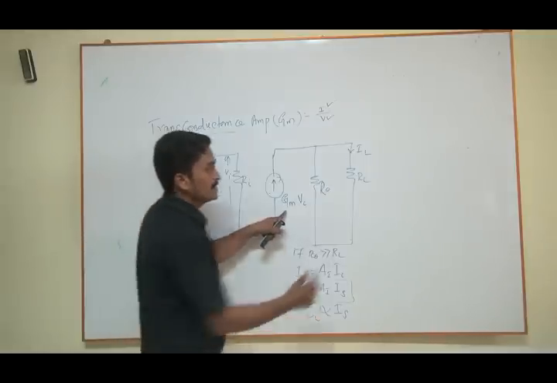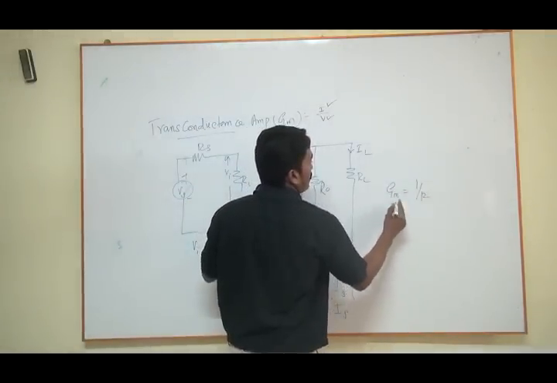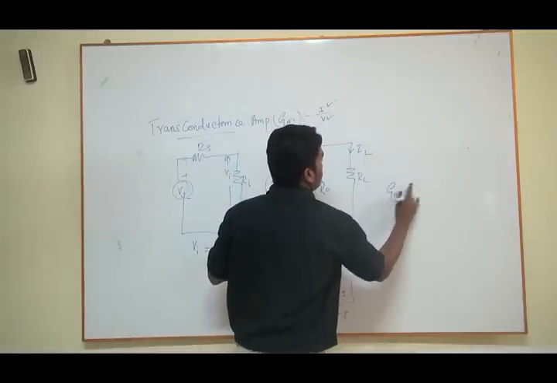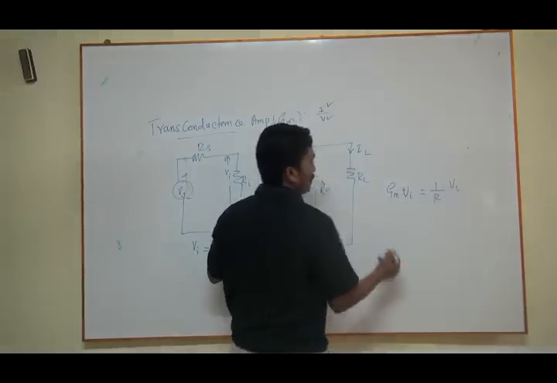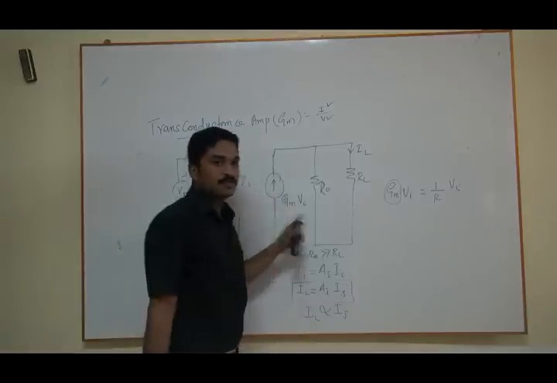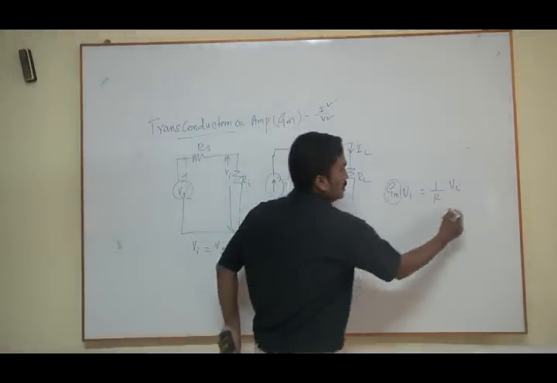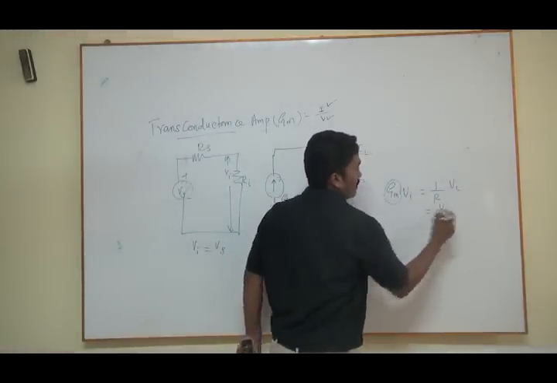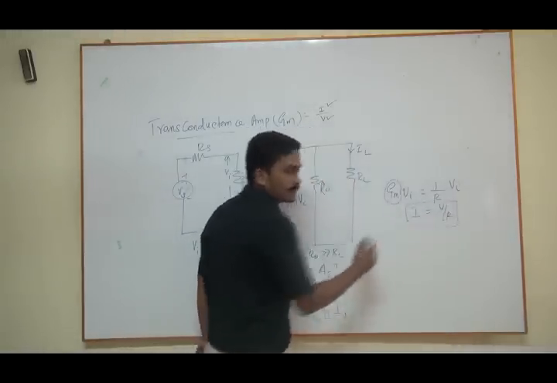This is because your Gm is equal to 1 by R, and Gm into Vi is equal to 1 by R into Vi. Instead of G, we can write 1 by R into Vi. It shows that it is I by V format, which means it represents a current, right?